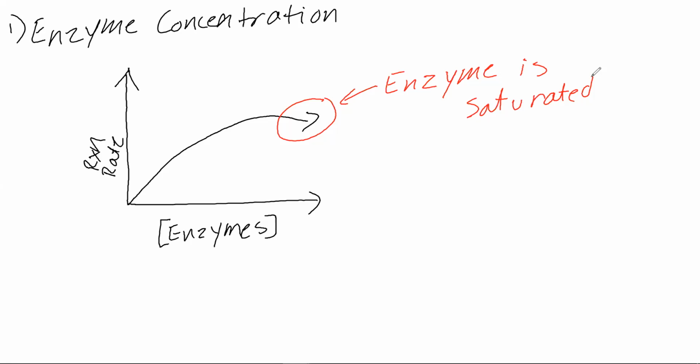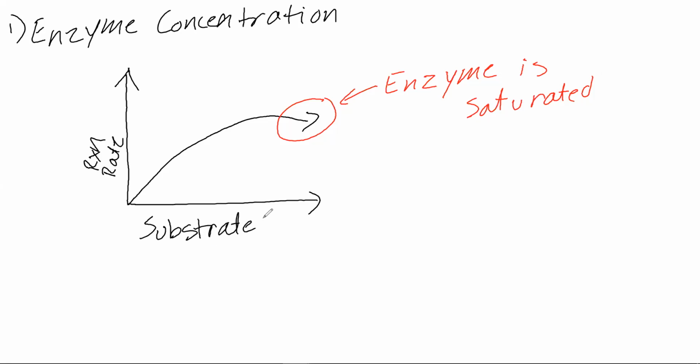So now as your enzyme concentration increases, there's only so much substrate you can use to continue having that reaction, right? More enzymes is good, but at a certain point, you will literally just run out of stuff for them to do. This also applies if you're looking at the substrate concentration.